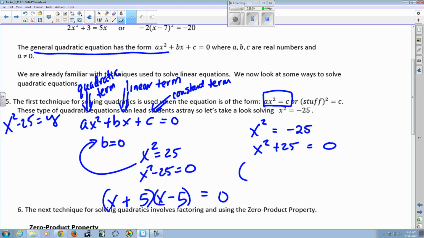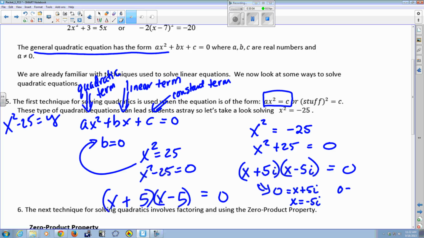And now all you have to remember is it looks almost identical to what you had when it was the difference, except for now instead of just a 5 here, it's 5i and minus 5i. So your two answers here when you set this equal to 0. So x plus 5i equals 0. So x must be negative 5i. And when you set your other factor equal to 0, it's got to be positive 5i.